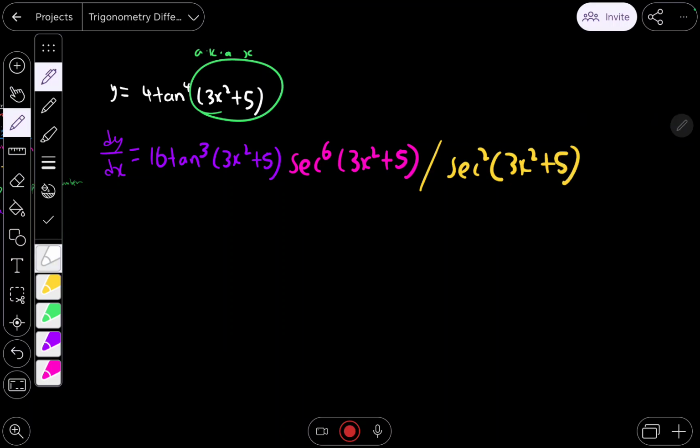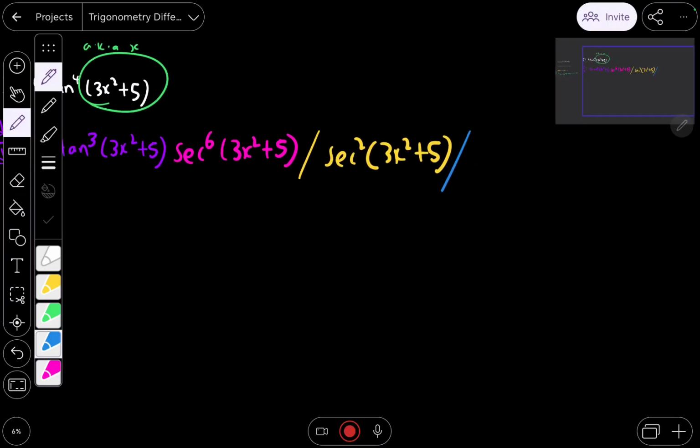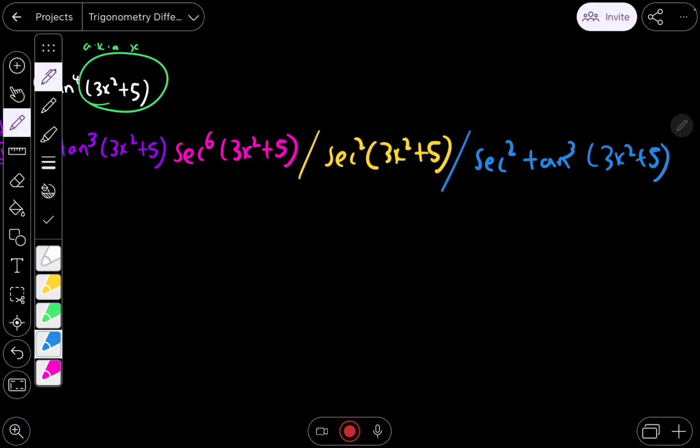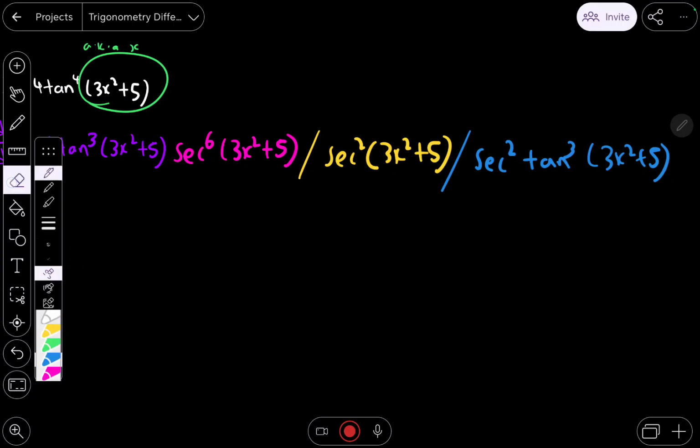Or do we write this that is in blue? Ladies and gentlemen, what do you think? Alright, so which is the correct one? Think about it, think about it. Alright, so the correct one is the yellow one.